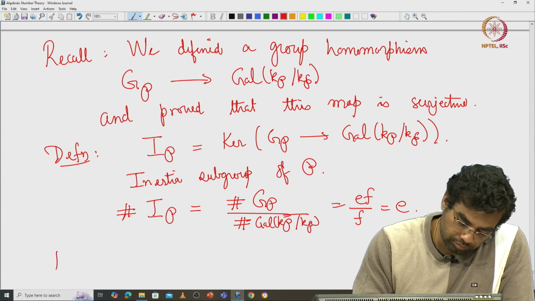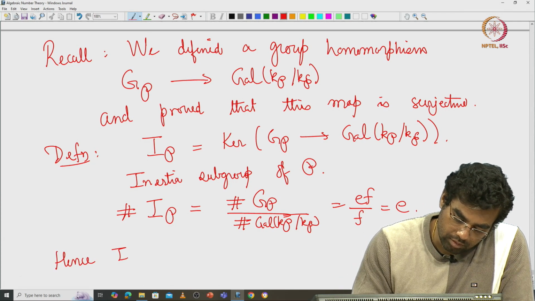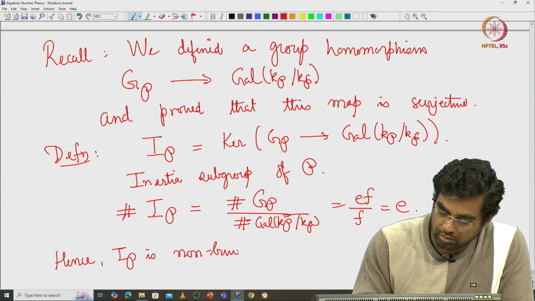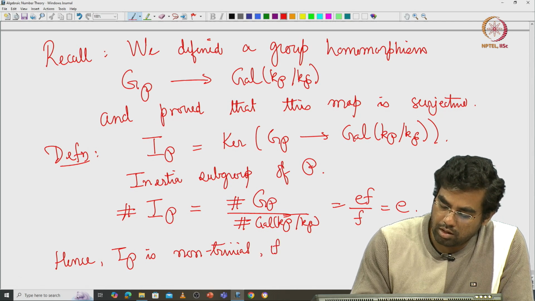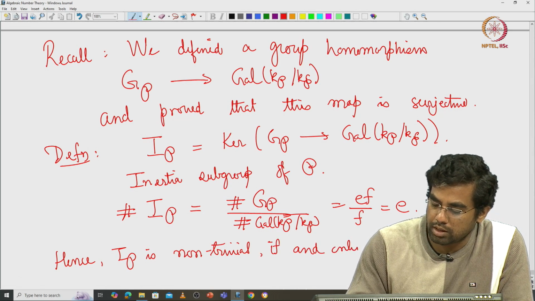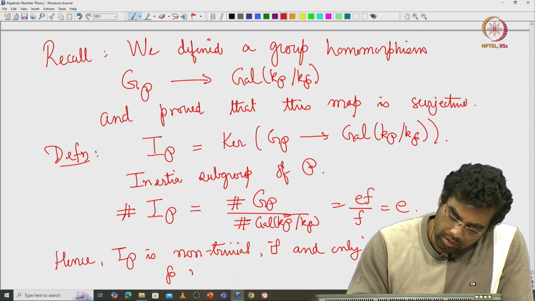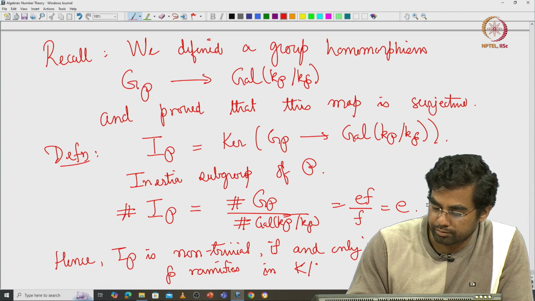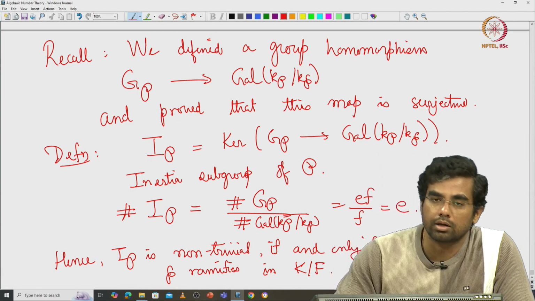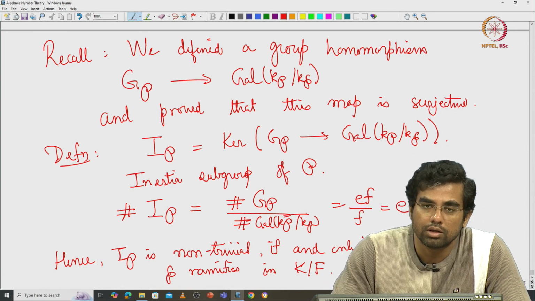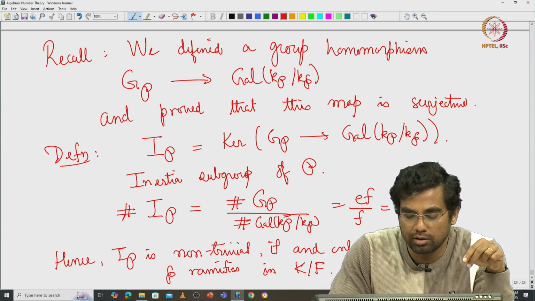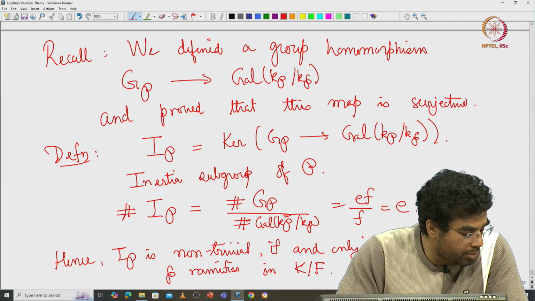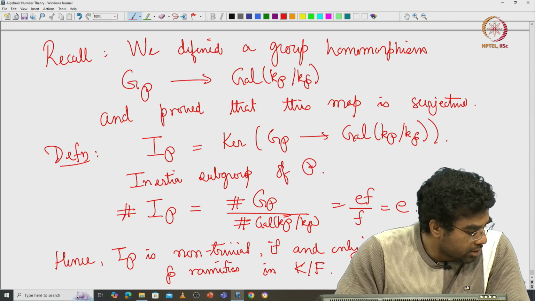So, I sub P is non-trivial if and only if P ramifies in K over F. Okay, remember that K over F is Galois and so the prime above ramifying can be stated in terms of the prime below, because one prime ramifies if and only if any other prime above it ramifies.